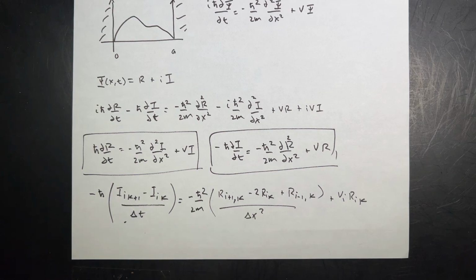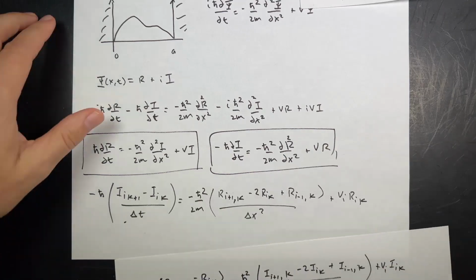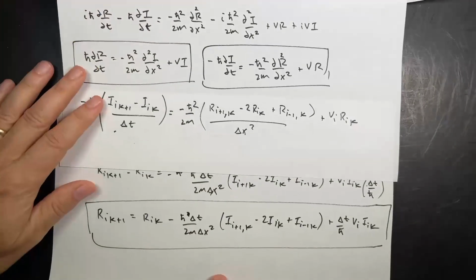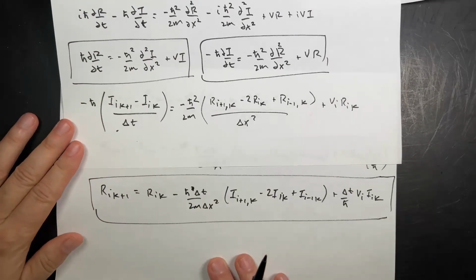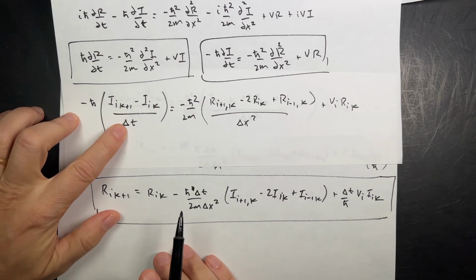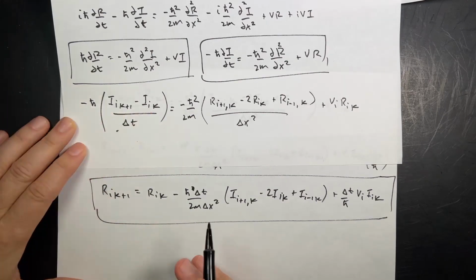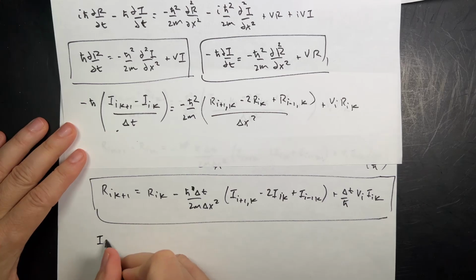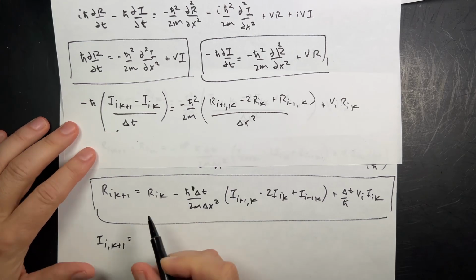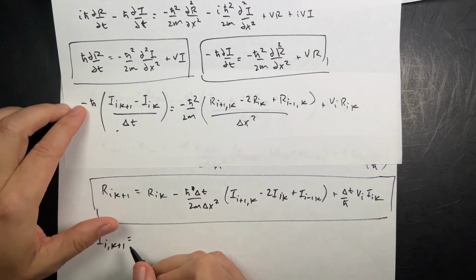And again, I have one thing in the future, and that's this. I want to solve this for this term, and it shouldn't be too hard. Let's see if I can just do it in one fell swoop right here. I'm going to multiply both sides by delta t over h bar, and I'm going to add that. So I get i_i^(k+1) equals, now there's a negative, right?